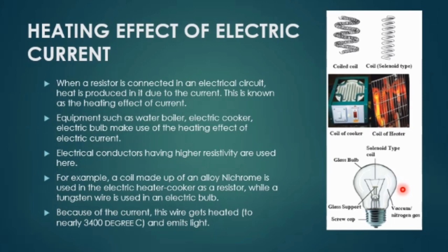But whenever the electric current is passed through it, it ignites such that light is produced. Because of the current, this wire gets heated to nearly 3400 degrees Celsius and then emits light. So the melting point of tungsten wire is more than 3400 degrees Celsius. Are you getting it?